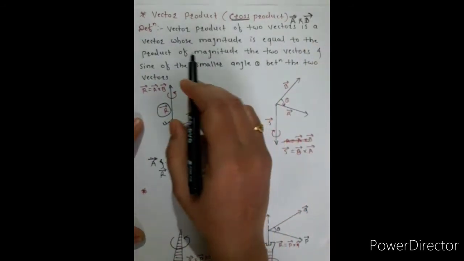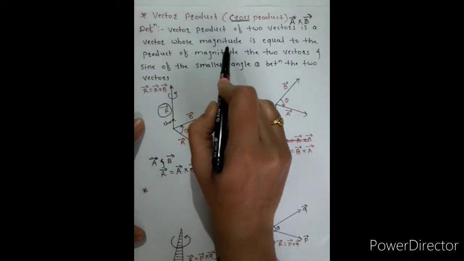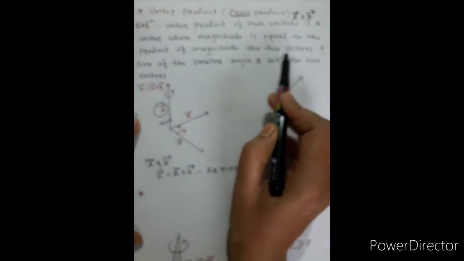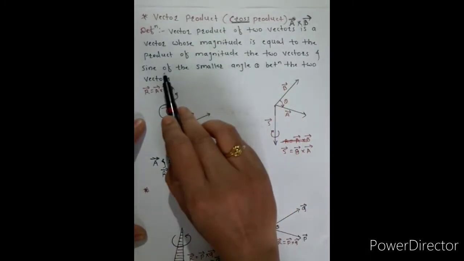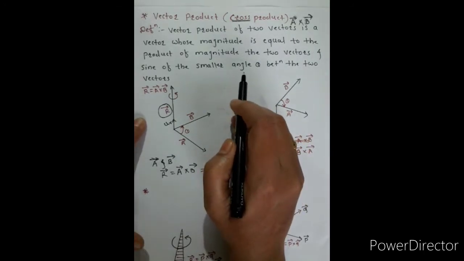The vector product of two vectors is a vector whose magnitude is equal to the product of the magnitudes of the two vectors and the sine of the smaller angle theta between the two vectors.